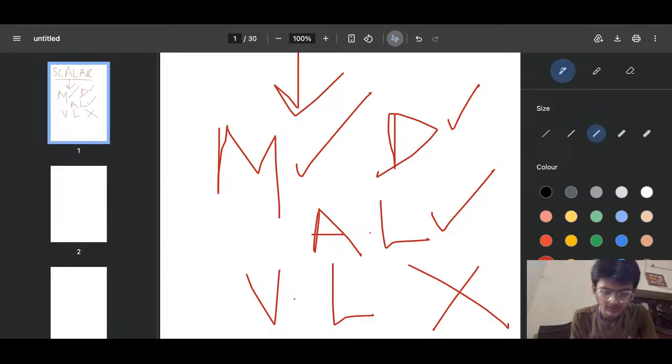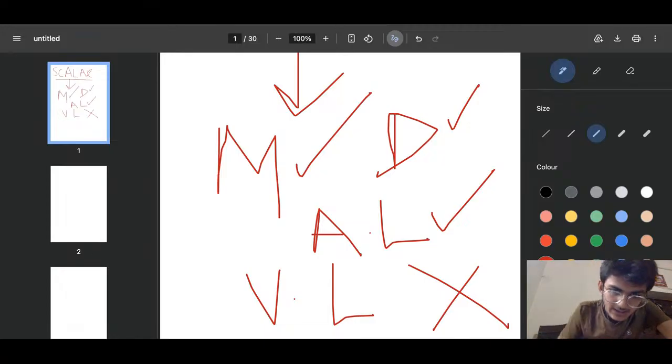But for a vector, direction is compulsory. For a scalar, it can have the direction or not. If any scalar has a direction, then we have to check the third one.